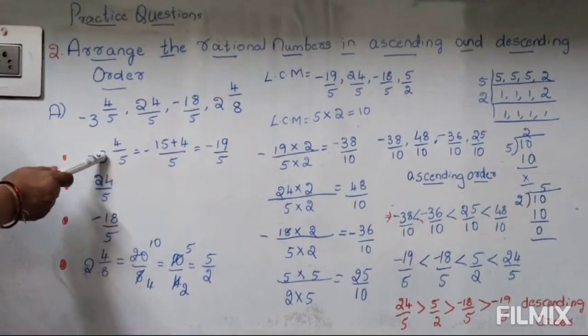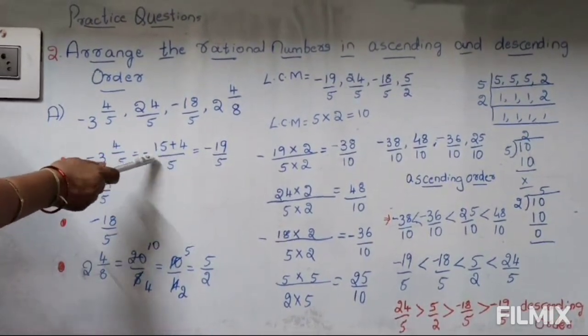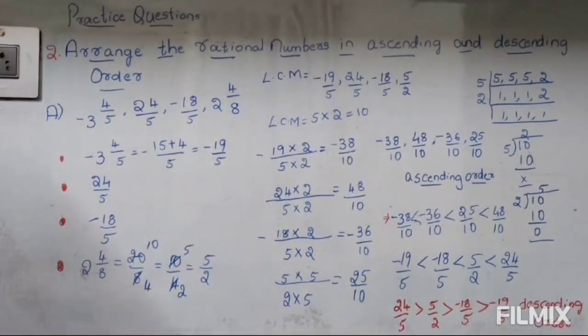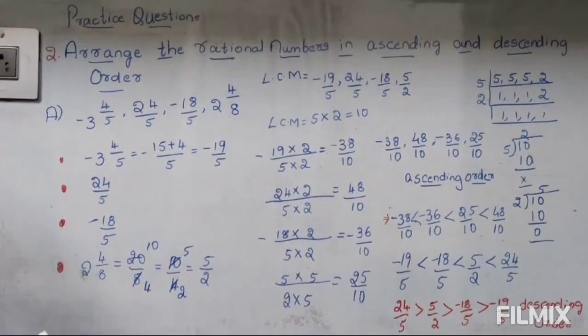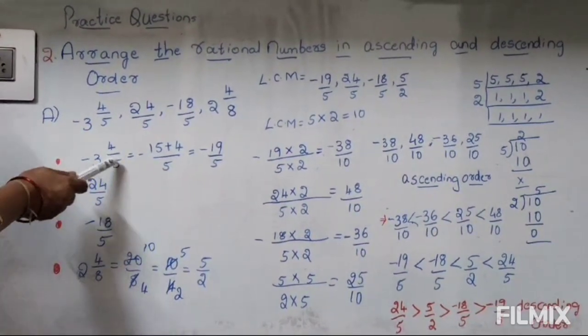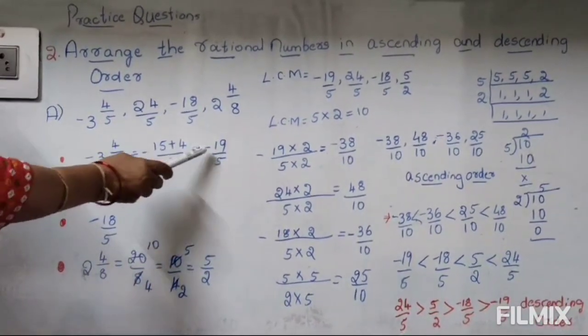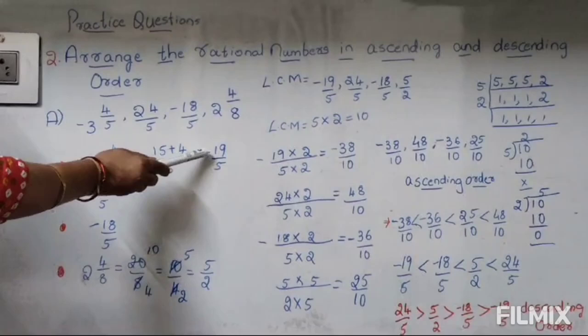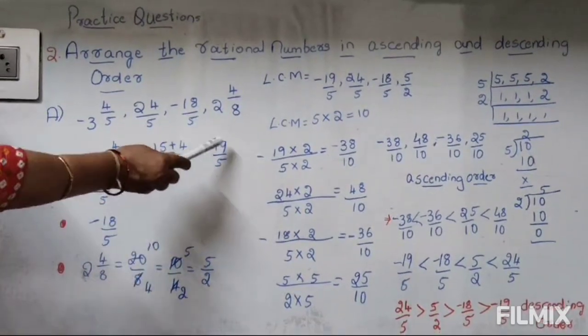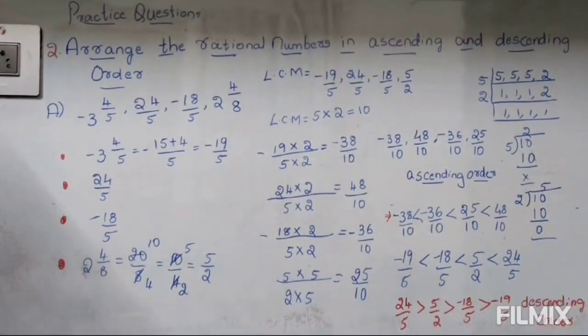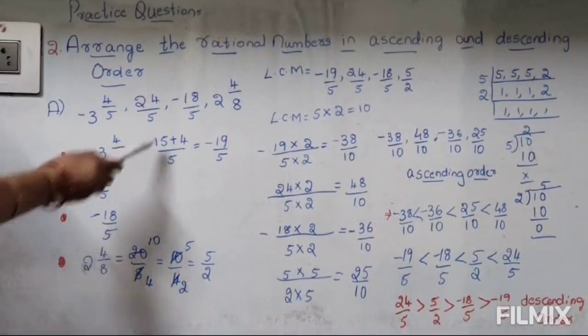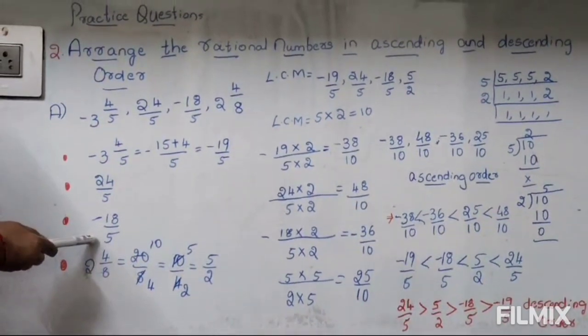So 5 3s are 15. I have not shown the working here because in the previous sum also I had explained it to you. That's why 5 3s are 15 plus 4, that is minus, you have to retain this minus as it is, 19 by 5. Then 24 by 5, minus 18 by 5.